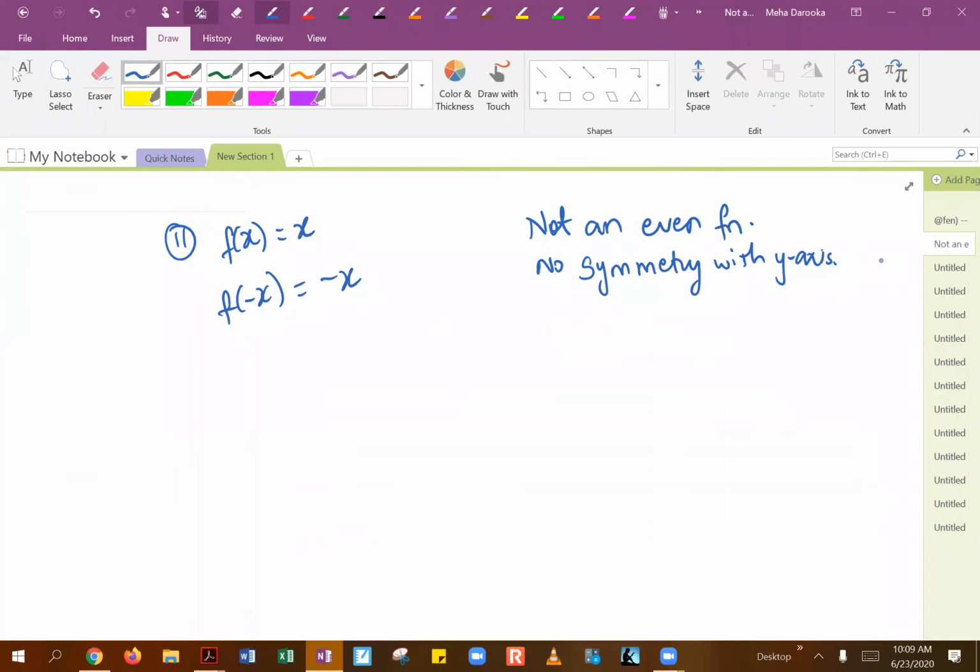So do we have an odd function then? Remember, to check for an odd function, you just end up putting a negative sign in front of the original function. So if you put a negative sign in front of the original function, do we have the same result?